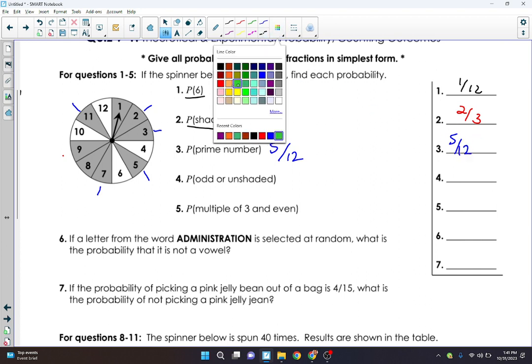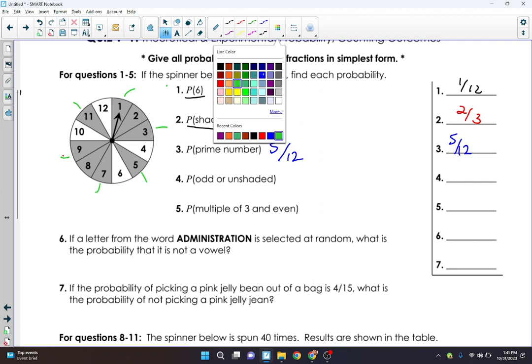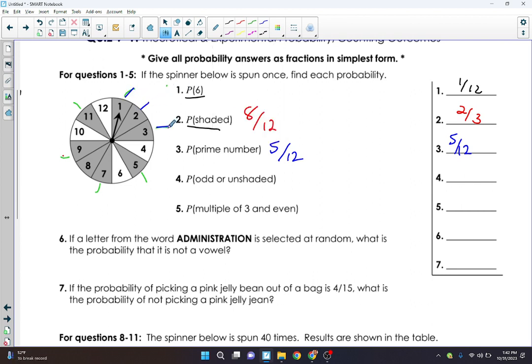The next one, we're going to do odd or unshaded. Odd or unshaded. So let me mark all the odds. So 1, 3, 5, 7, 9, 11. And just for posterity's sake, let me mark all the shaded. This is shaded, this is shaded, this is shaded, this is shaded, this is shaded, this is shaded, this is shaded, this is shaded.